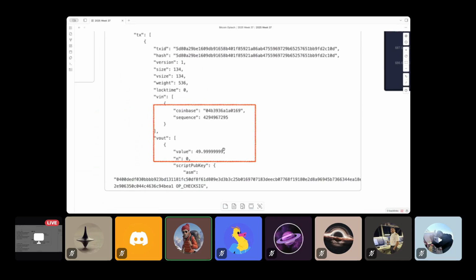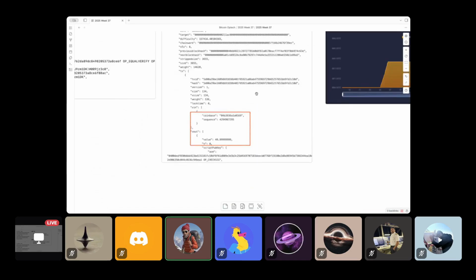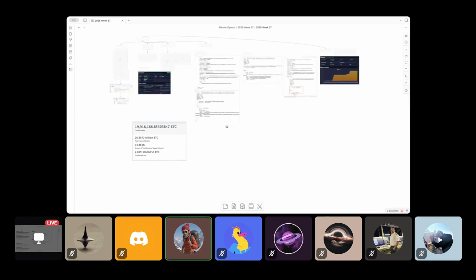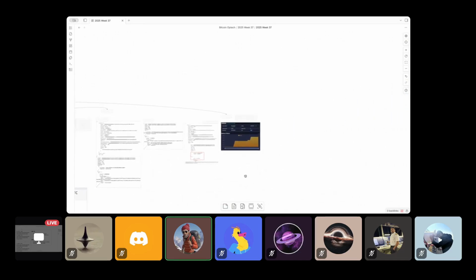He didn't claim the last one sat. The problem is that by not claiming the last one sat, he also missed out on the fees that he is entitled to. But the rest of the things are fine. The script pub key is a standard pay to public key script pub key, you can see here. Yeah, this is another case.